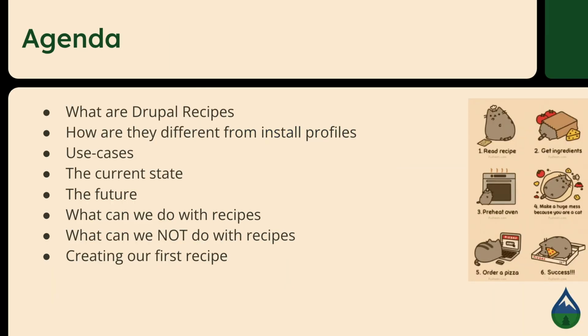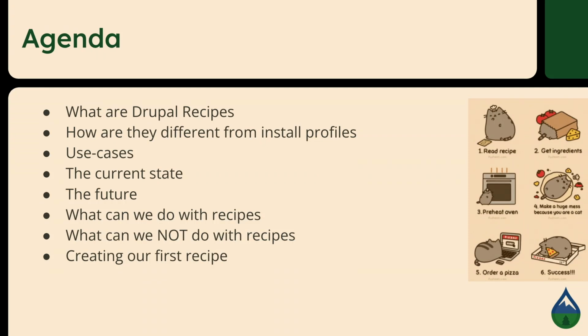So what are we going to go through today? We're going to first take a look at what Drupal recipes are. How are they different from install profiles? And what are their use cases? Why do we think Drupal recipes will be the future? We're going to take a look at the current state of affairs, see what we have to play with right now, and we'll take a look at what's coming down the road.